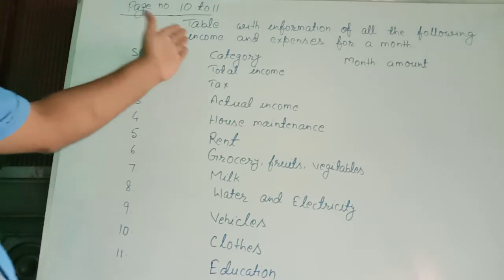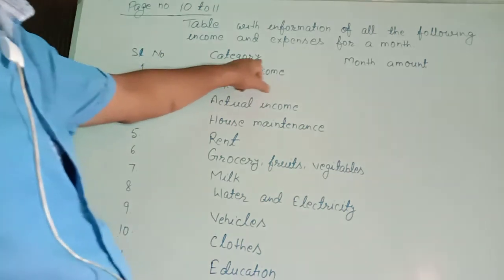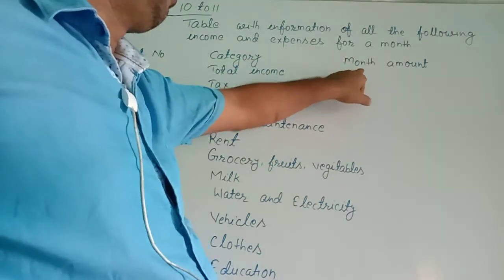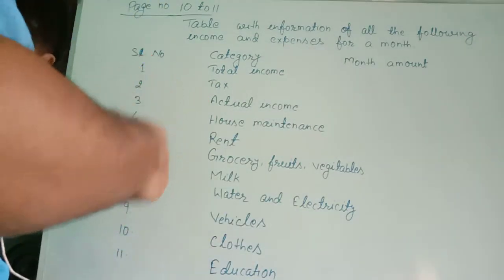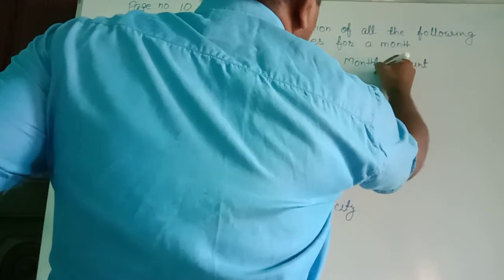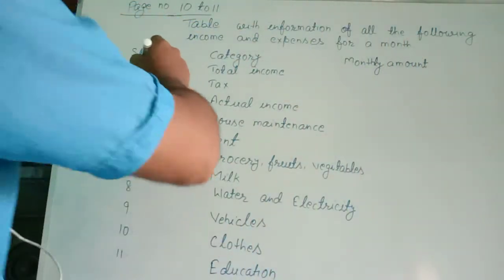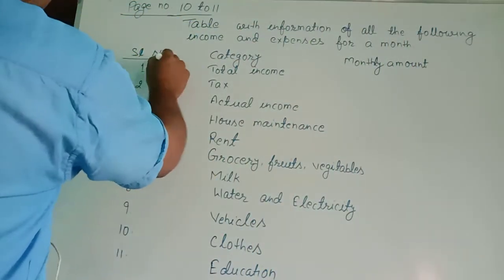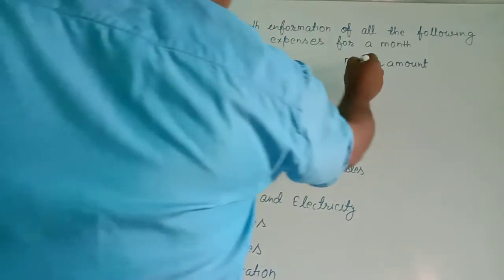You prepare 3 columns: serial number, category, and monthly amount.